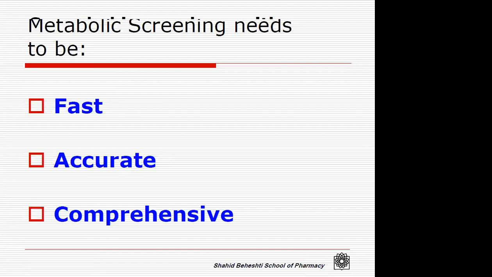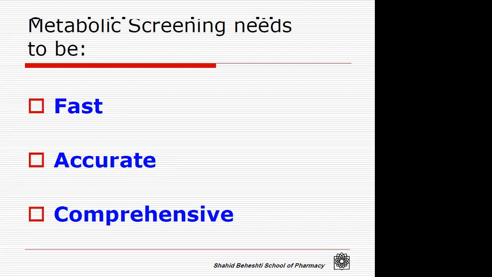What would be your feeling, and what would be the consequences for the parents? So you don't want to give the wrong result of the test. You don't want a false positive. You don't want a false negative. So the test has to be very accurate. Otherwise, there would be consequences, either a false positive or a false negative result.